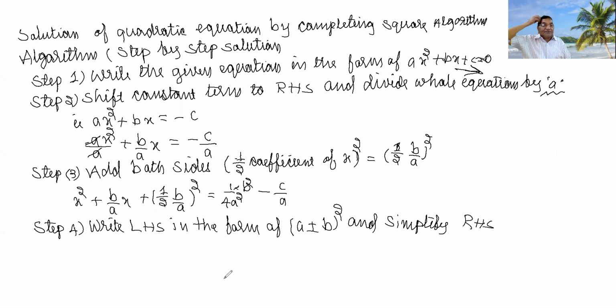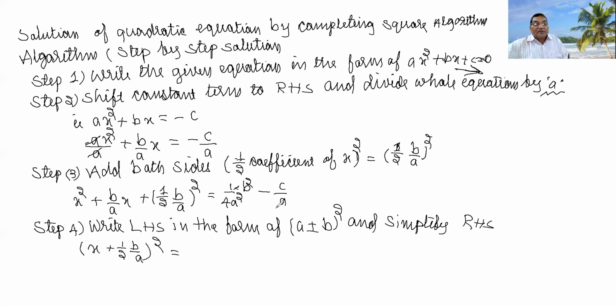Simplify the RHS. Now this becomes x plus 1 upon 2 b upon a bracket square.